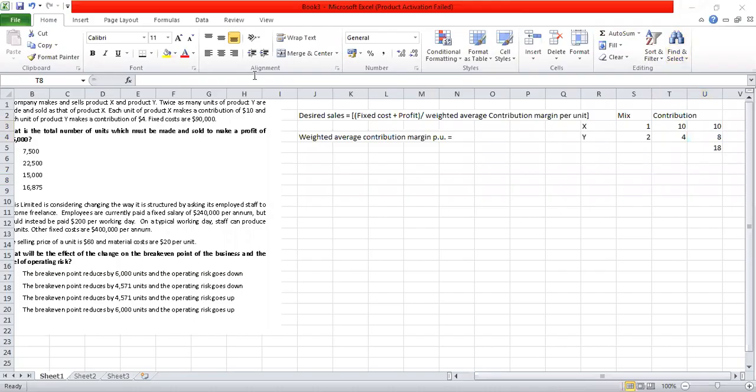I hope you remember the weighted average formula, X bar W, which is equal to sigma Wx by sigma W, W being the weight.